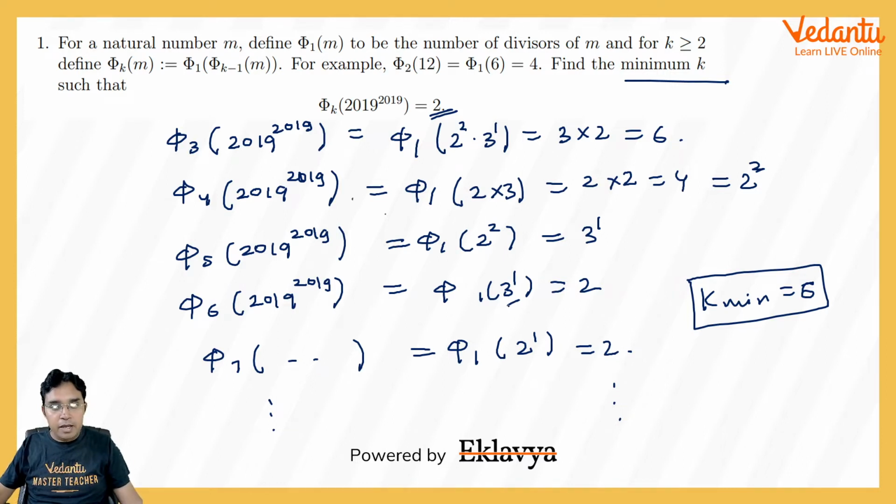As you would have seen, for 3 power 1 or 2 power 1, every time the number of divisors is 2. So solving in reverse order will not yield the answer. We should go this way only, doing the prime factorization again and again to get the answer. So this completes the solution of this question.